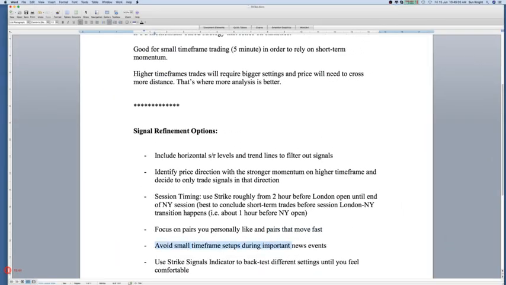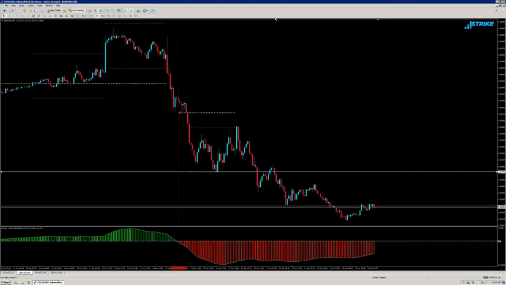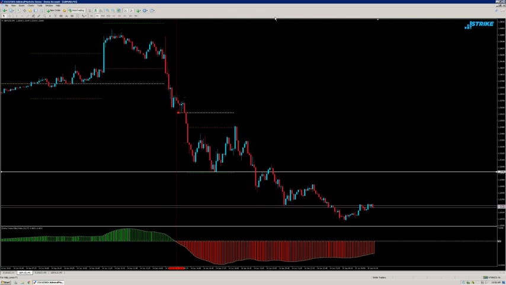And then, okay, avoid small time frame setups during important news events. It's good to keep track of really important news. So go to one of the Forex websites, like maybe Forex Factory or investing.com, and go to your economic calendar and just keep an eye on if there's any significant events scheduled for the day.